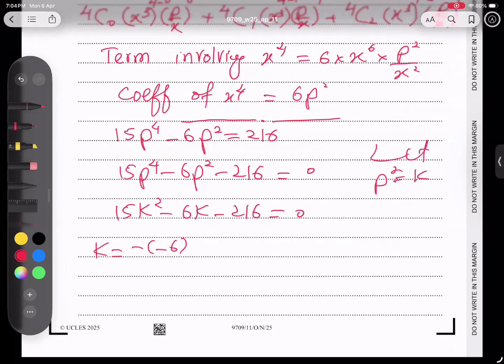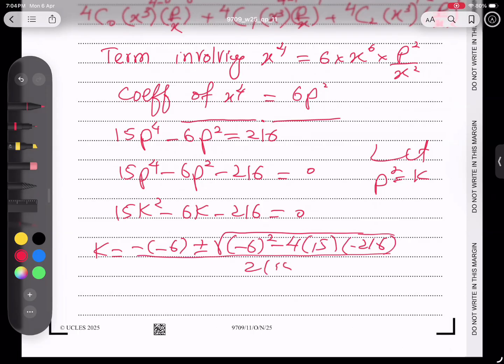Negative b plus and minus square root of b square minus 4a into c, by 2a. Minimum, this working you have to show. Okay, when you show this working, after that, you can even use the formula available in the calculator to save your time.